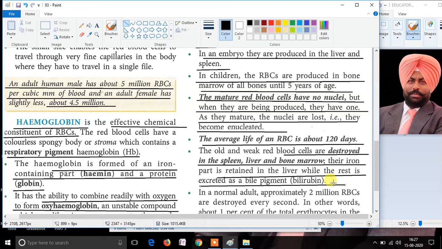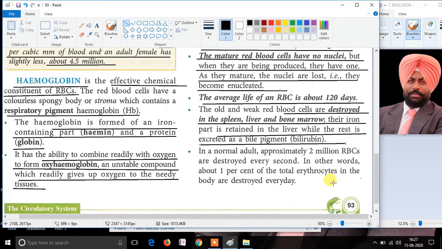Hence we can say that this pigment bilirubin is formed because of the dead red blood cells in the body. As they have a life cycle of 120 days, it is assumed that near about 2 million RBCs are destroyed per second, and the new RBCs are born.